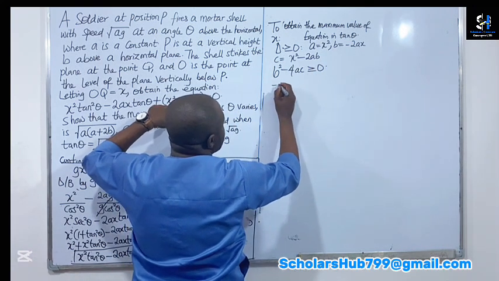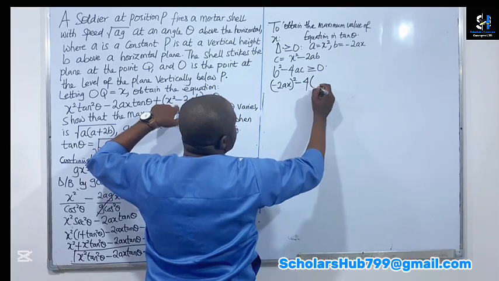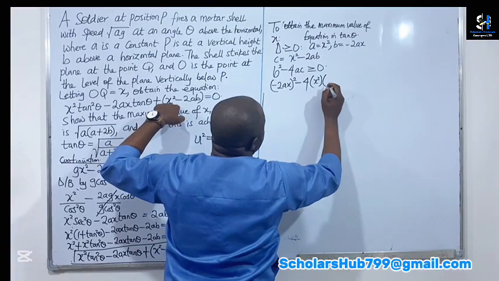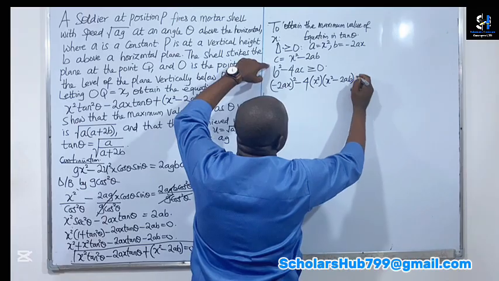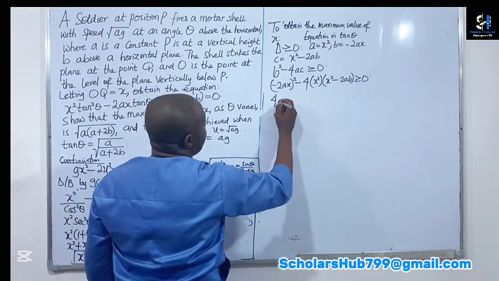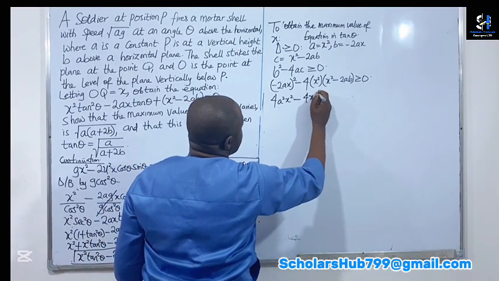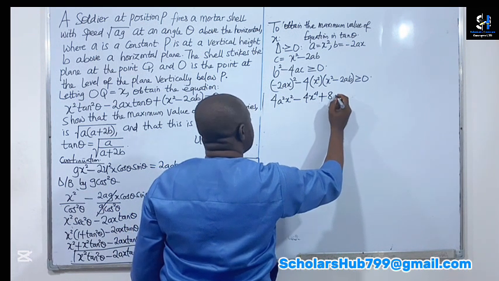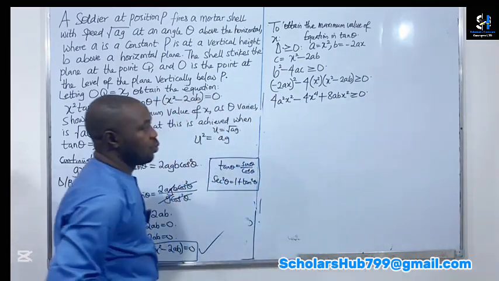So this will be minus 2ax raised to the power of 2, then minus 4 multiplied by x squared multiplied by x squared minus 2ab, greater than or equal to 0. That makes sense. So this will be 4a squared x squared, and when we distribute, this will be minus 4x to the 4th power, then plus 8abx squared greater than or equal to 0.